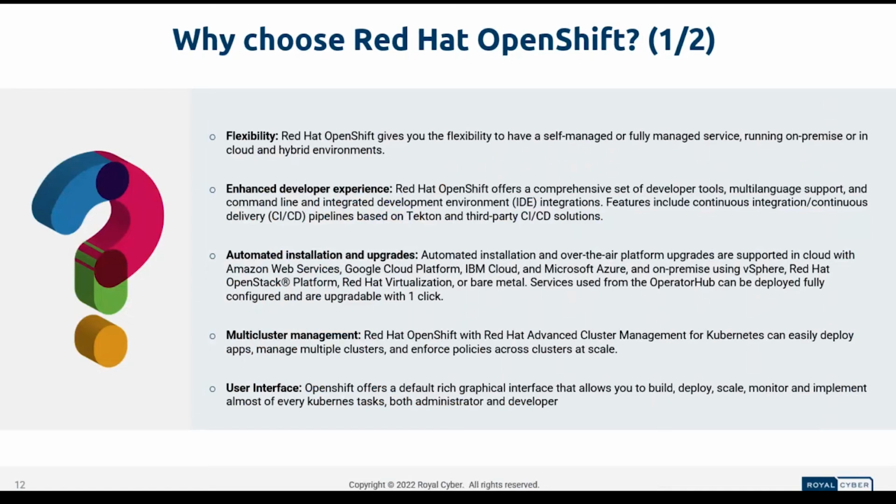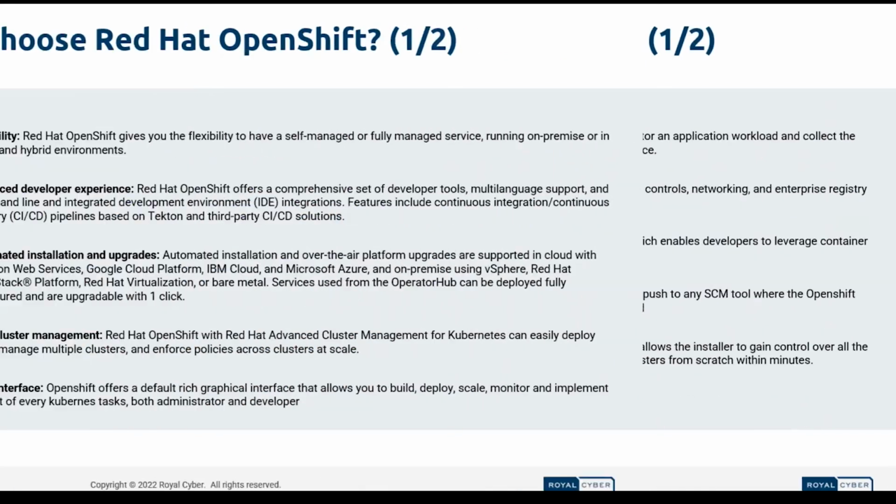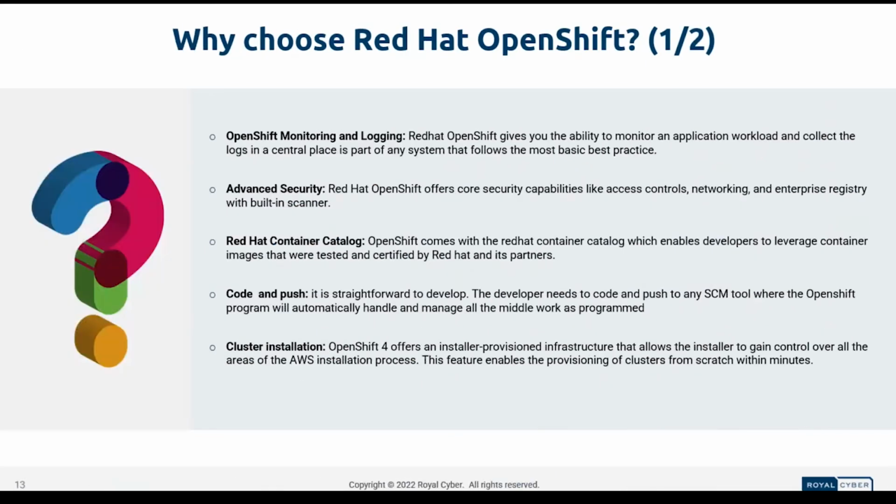Also, if you have multiple clusters, they can be managed through ACM. OpenShift comes with a rich graphical user interface that covers most administrator and developer tasks. Red Hat OpenShift gives you the ability to monitor and collect logs of your application workload and for OpenShift itself.